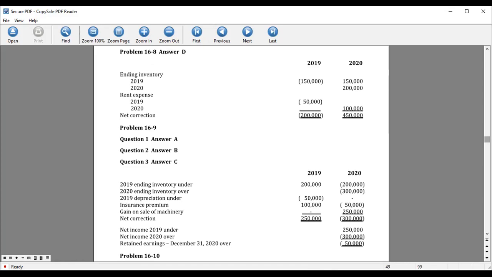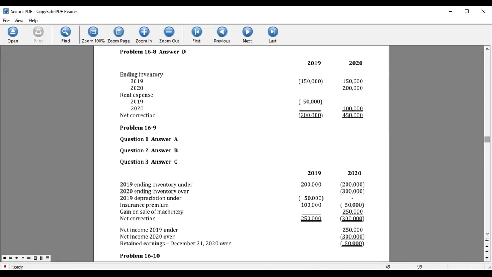Now there is no more depreciation because the asset was already fully depreciated and it was sold. So the entry was to debit cash, debit accumulated depreciation, and credit machinery, fully depreciated. But anyway, you can make assumptions with regards to the solution.